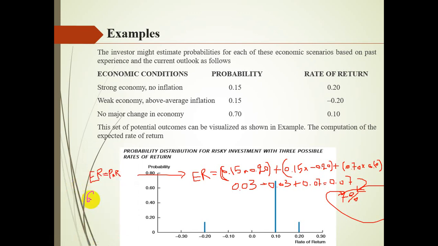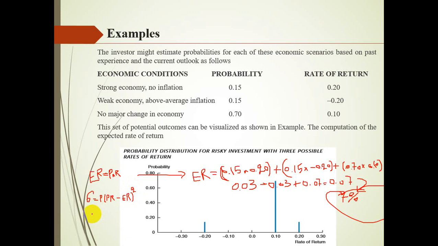So I have the formula for this variance: it is equal to probability multiplied by possible return minus expected return, right? Square it.